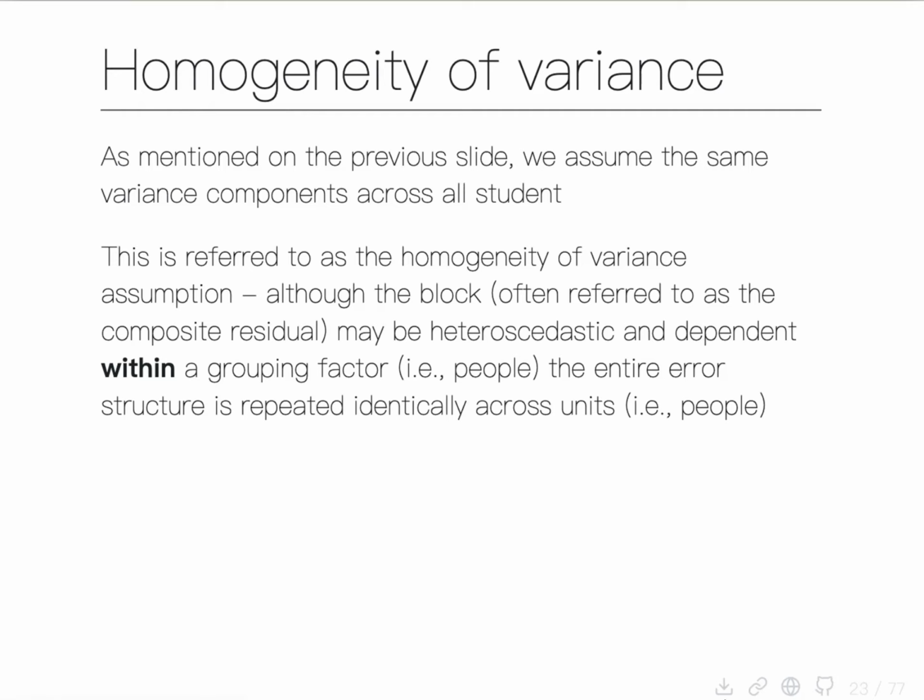Okay, so basically within a block, within a person, the residual structure can be heteroscedastic and dependent, right? So the relations between time points for an individual can depend on each other. But the entire error structure is repeated identically across people. Okay, so it can be heteroscedastic and dependent within a grouping factor, but not across.